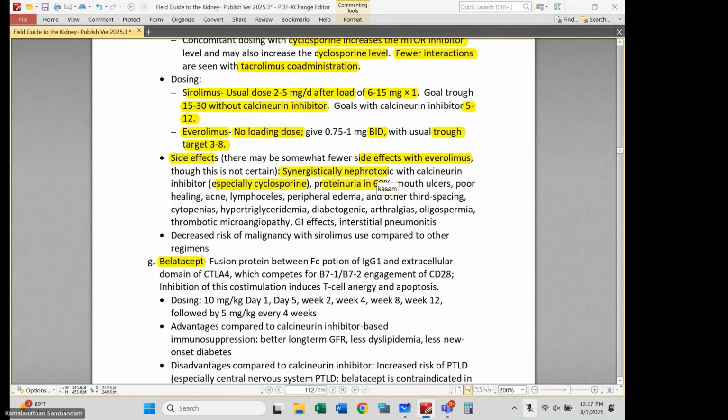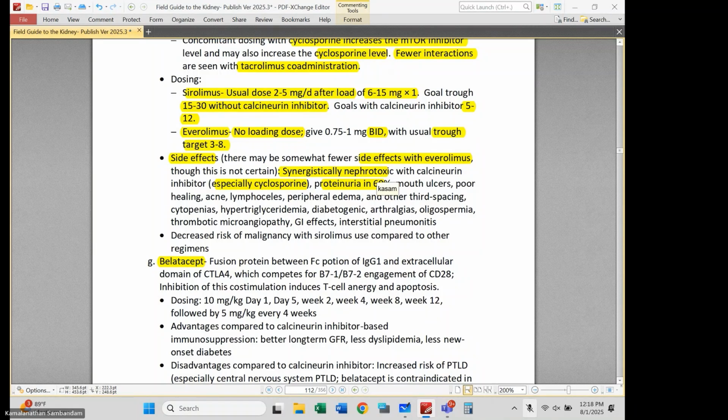Let me take a pause and give you a mental model that you can use for understanding proteinuria, peripheral edema, and third spacing of fluids with mTOR inhibitors and other drugs that engage with the VEGF pathway, okay? Let me give you the conclusion up front, develop it, and then repeat the conclusion.